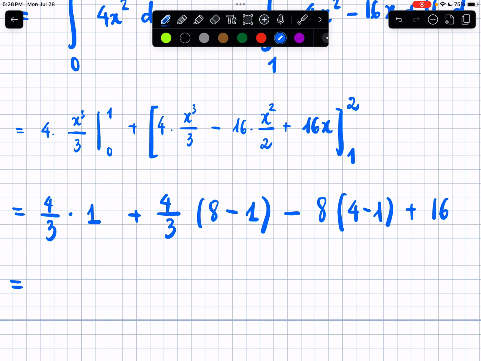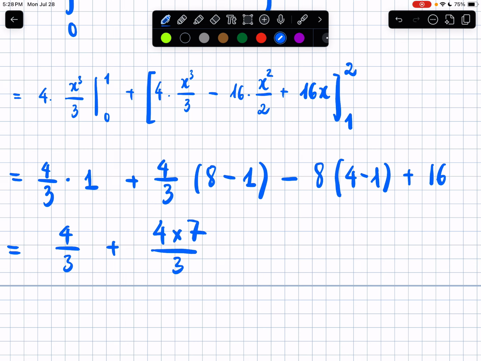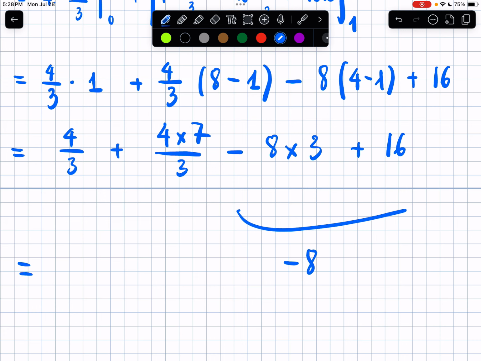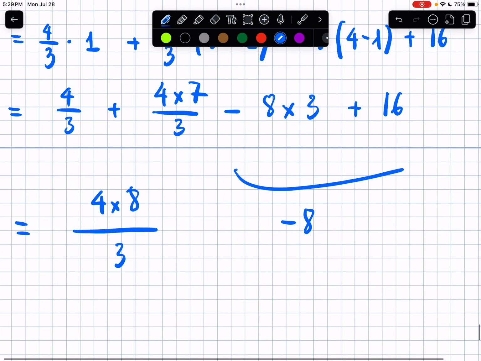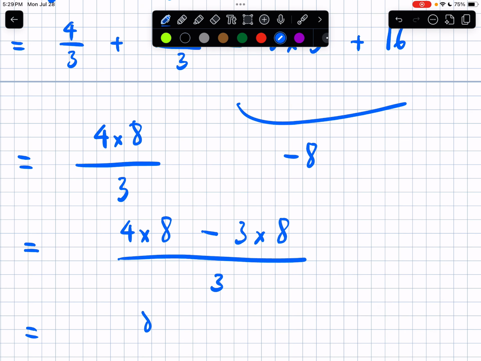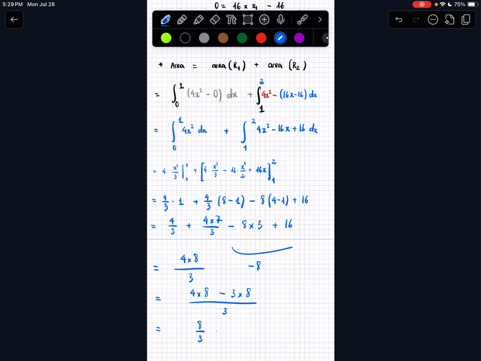So this is 4 divided by 3, plus 4 times 7 divided by 3, minus 8 times 3, plus 16. So this one is minus 8. This is 4 times 8 divided by 3 minus 8, which is 4 times 8 minus 3 times 8, over 3. So we have 8 divided by 3 as the area. Okay, so the area is 8 divided by 3.